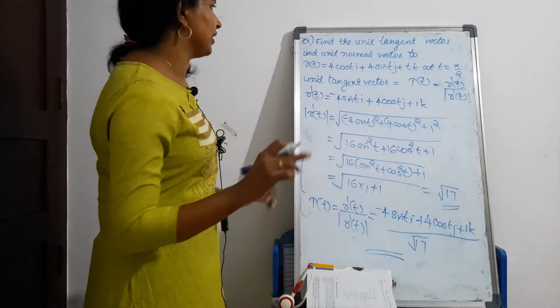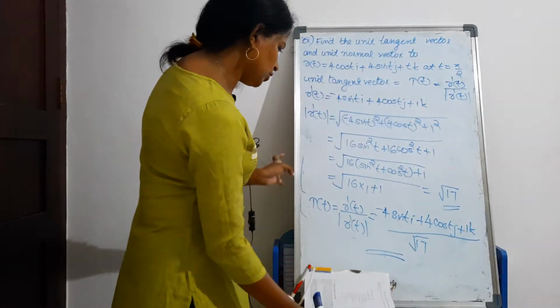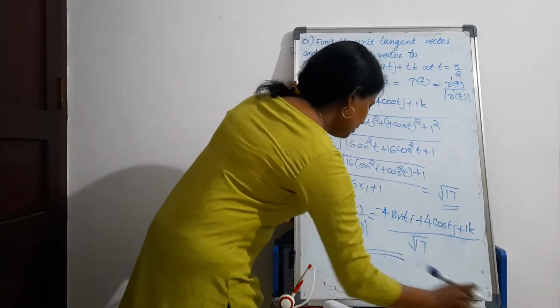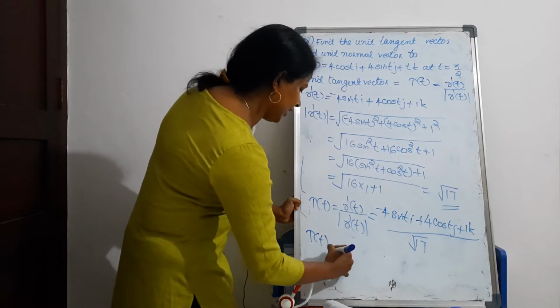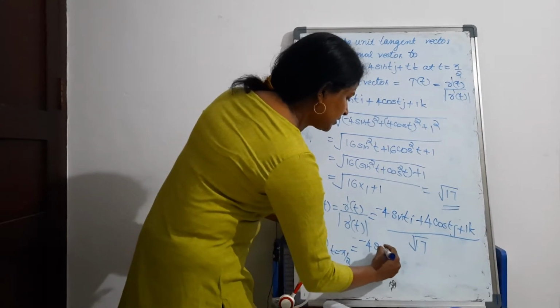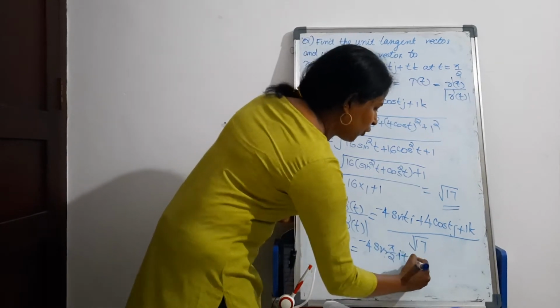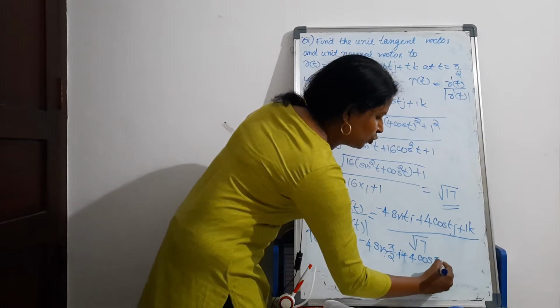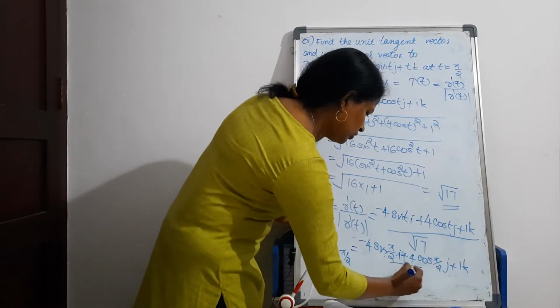Now at the point t equal to pi by 2, T of t is equal to minus 4 sin pi by 2 i plus 4 cos pi by 2 j plus 1 k, divided by root 17.